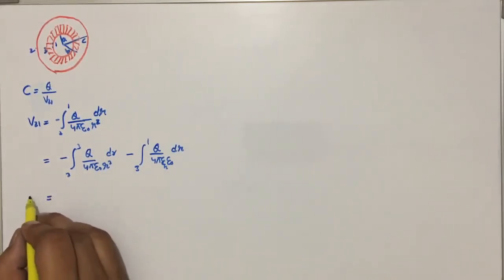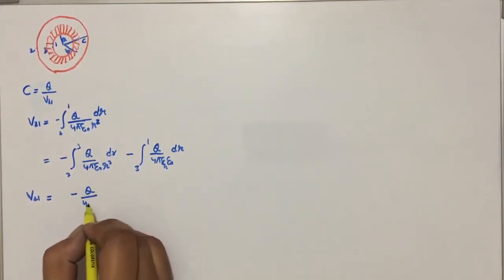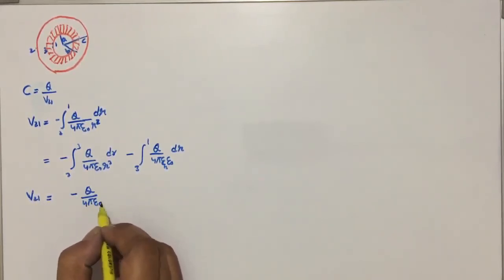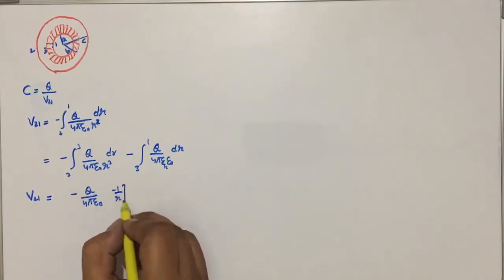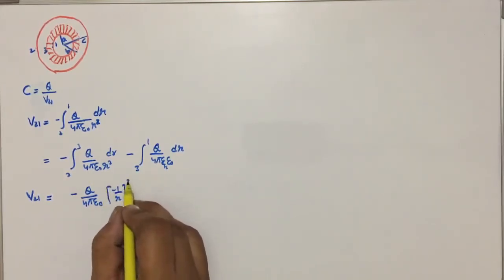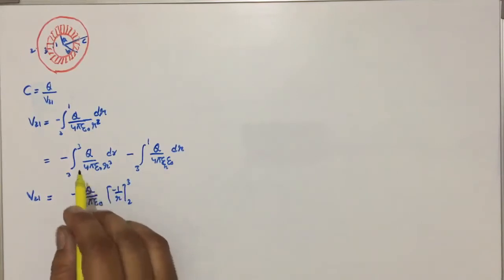After that, V21 can be simply processed by integration, only mathematics is left: minus q by 4 pi epsilon naught, minus 1 by r from 2 to 3. Here 2 means the length, so let us put the length.